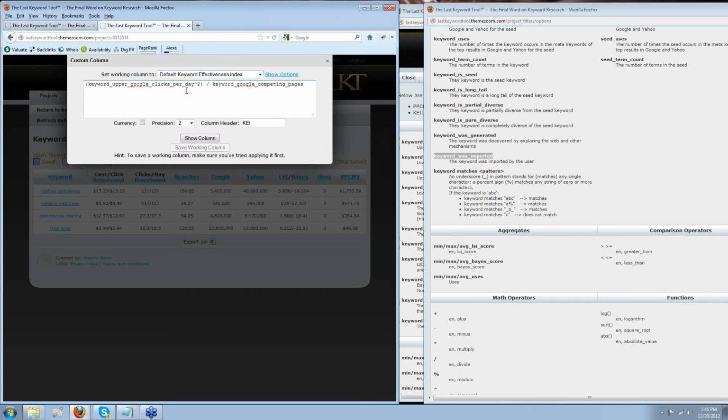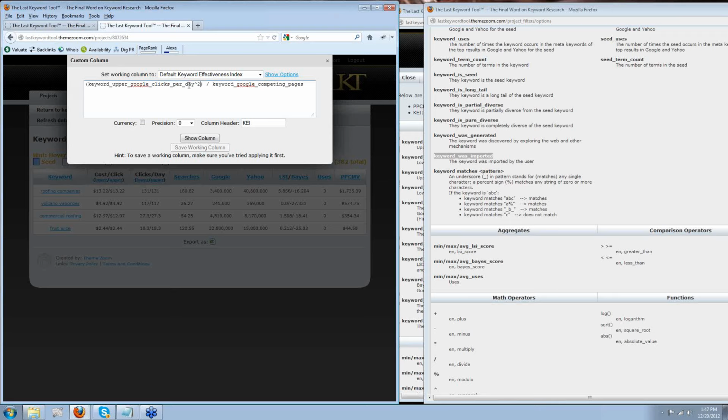Yeah, Keyword Effectiveness Indicator. So this is an idea in its most simple form. It's an idea of the difference. If you take the clicks per day and you divide it by the competing pages, it gives you a perspective of where there are opportunities. So let's just do this for a second.